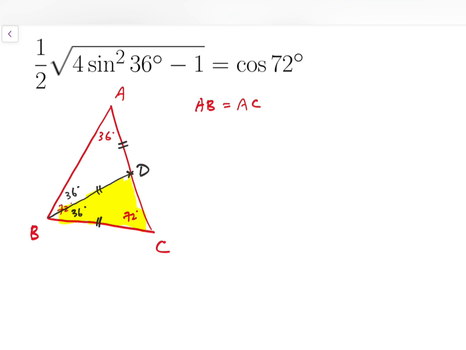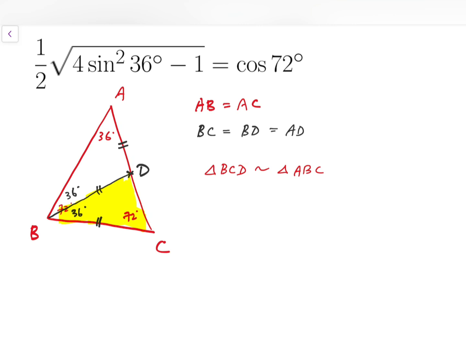So let me mark down the equal sides. BC equals BD equals AD, and at the same time I have triangle BCD is similar to triangle ABC. It's just because the corresponding angles are equal.